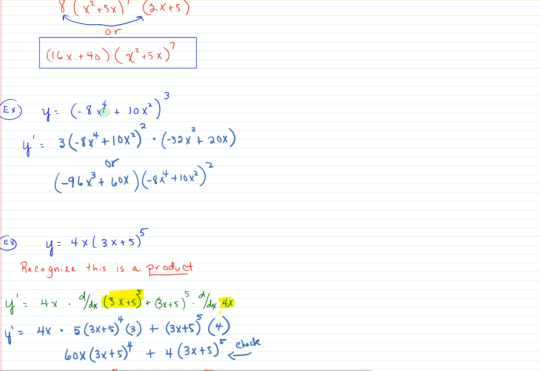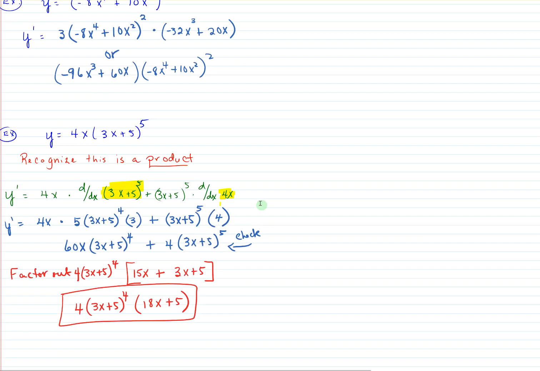The derivative of this, 4 times negative 8, that's negative 32, x to the 3rd, plus 2 times 10 is 20x. So it could be that you leave it like this, or you can multiply the 3 times this piece, because it's just to the power of 1. And so you have negative 96x cubed plus 60x times this piece to the 2nd power.